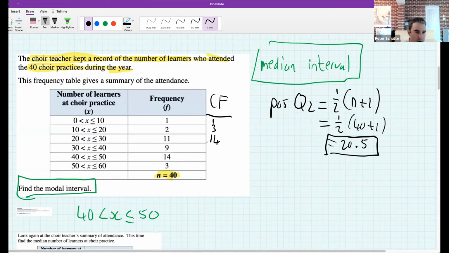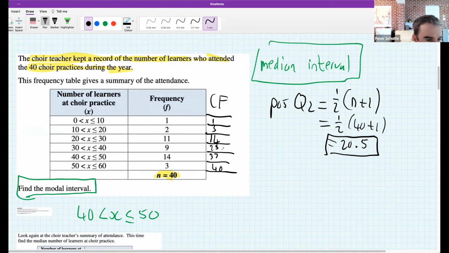So let's see what I do here. 14. What have I got here? I've got 6. I've got 23. And then over here, I've got 37. Here, I've got 40. Okay, so if you think about where my 20.5 is going to fall, it is going to fall. Let's have a look.